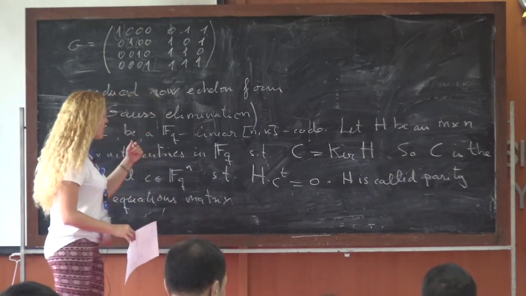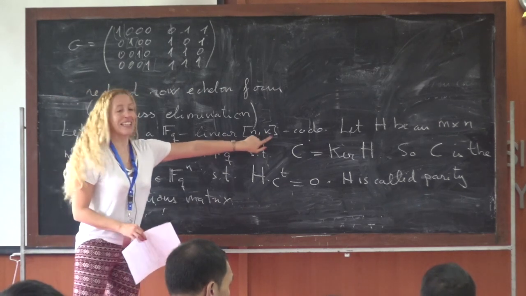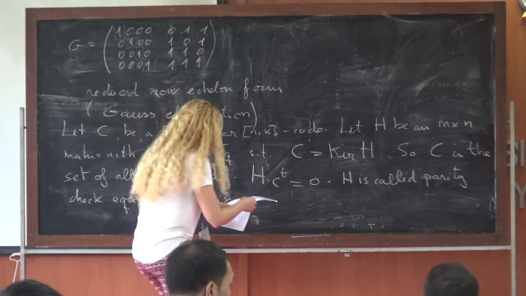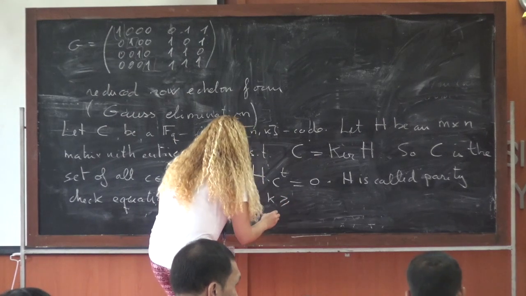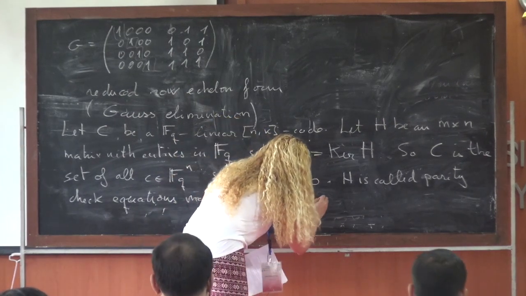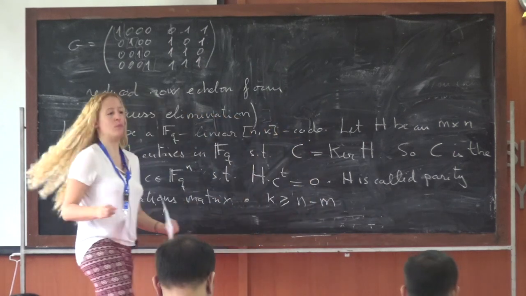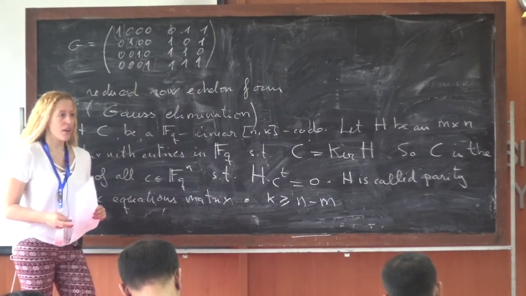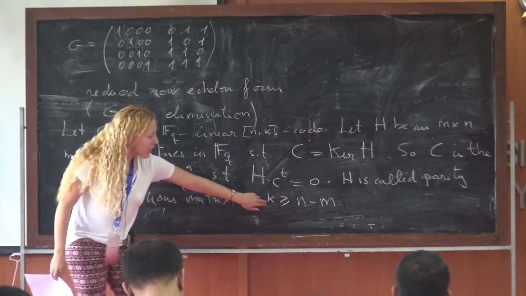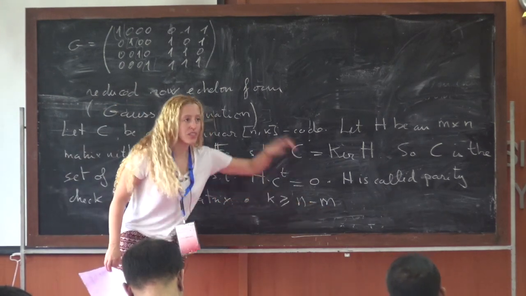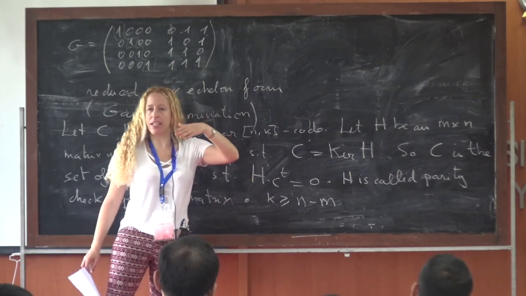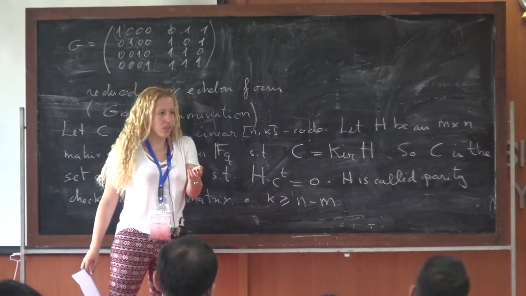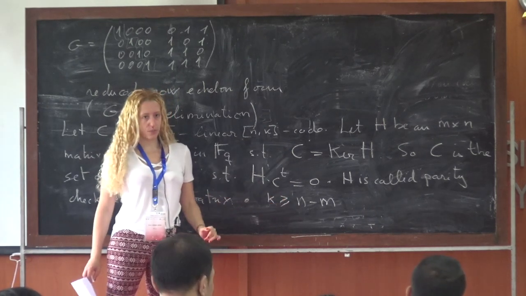Because the dimension of the code is K, what we have is that K has to be greater or equal than N minus M, okay? We get the equality if the M equations that I'm getting are linearly independent. But it may happen that I'm getting extra equations. So this is why we have an inequality.